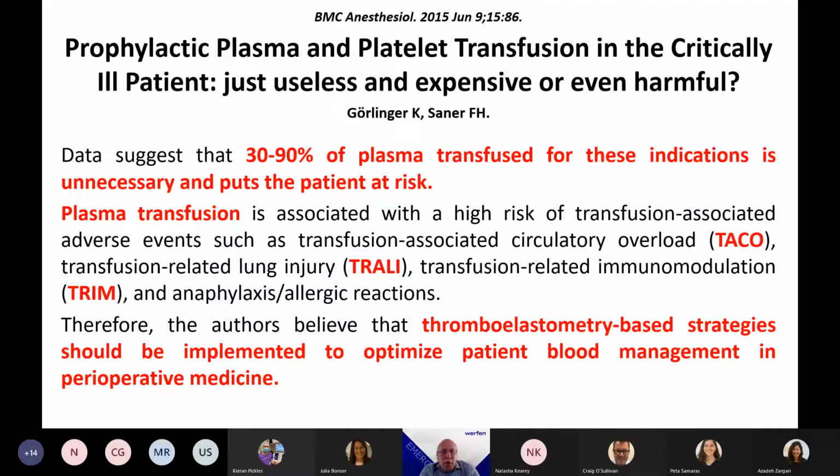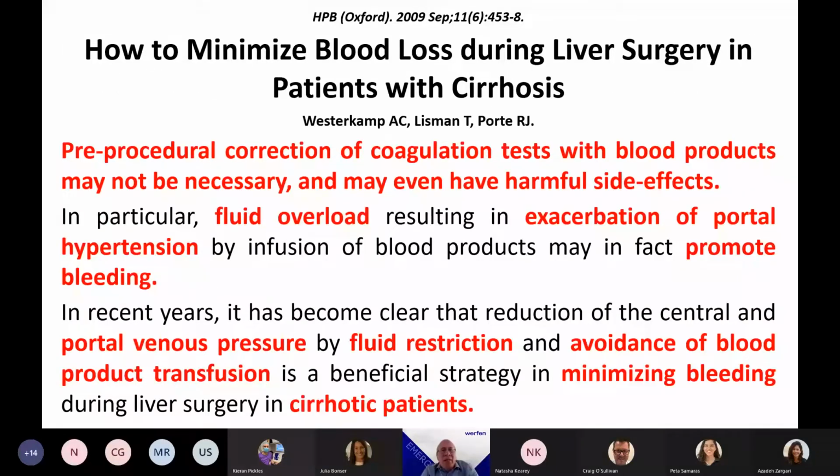So on the one hand, we are wasting important resources, and on the other hand, we might harm our patient with prophylactic interventions here.